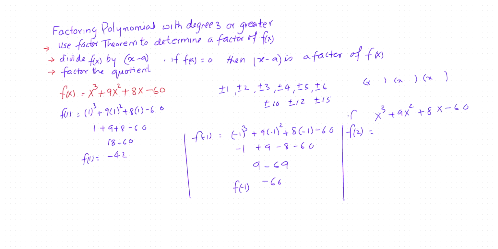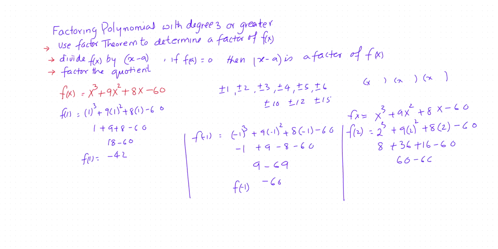So 2 cubed plus 9 times 2 squared plus 8 times 2 minus 60. So 2 cubed is how much? 8, plus 2 times 2 is 4, 4 times 9 is 36, plus 16 minus 60. So here we get 60 minus 60, so it's 0. So f of 2 is equal to 0.